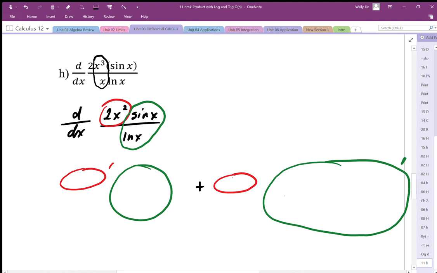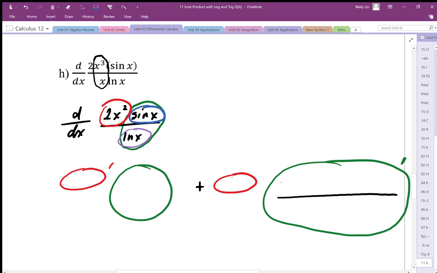Now embedded inside that product rule I have this quotient, sine x divided by log x. So because there's a quotient there, when I differentiate the green part, I have to apply the quotient rule. So I'm going to set up the quotient rule in here.